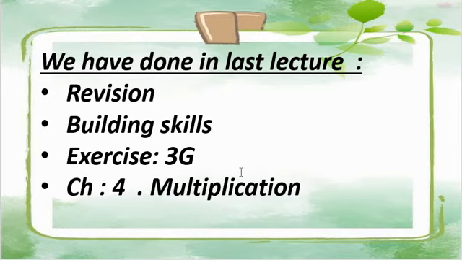So what do we do? After the answer we write: not enough information. That time we should write not enough information. Got my point, all students? So we have done this topic, exercise number 3rd G.